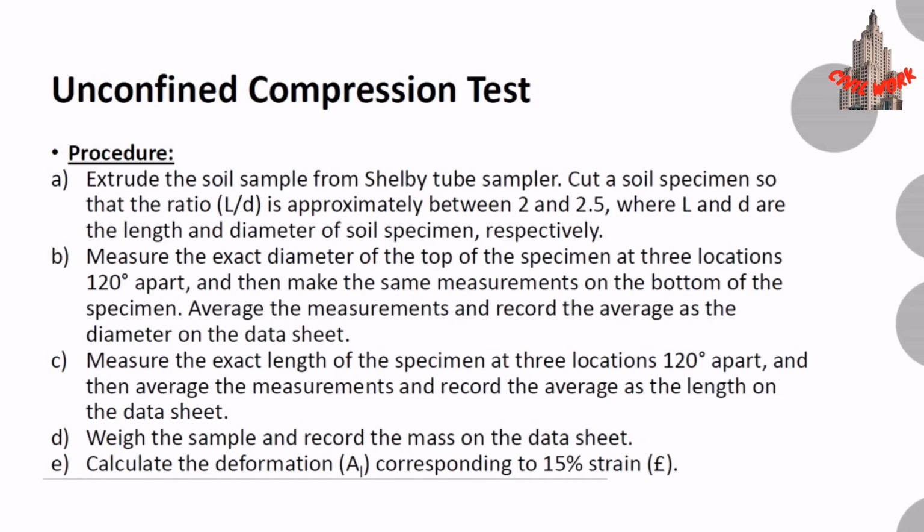Coming towards the most important part of our test, which is our procedure. First we have to extrude the soil sample from the Shelby tube sampler. Then we have to cut a soil specimen so that the ratio L by D is approximately between 2 and 2.5, where L and D are the length and diameter of the specimen respectively.